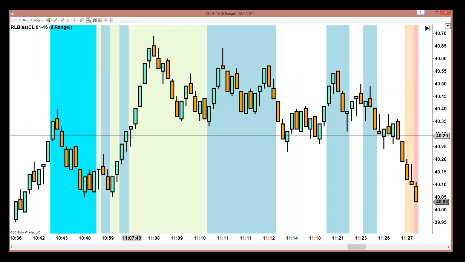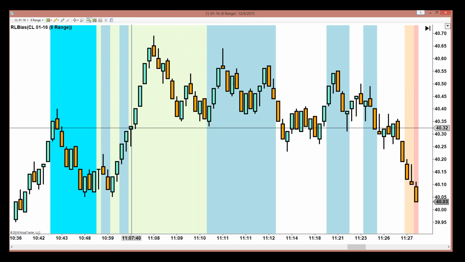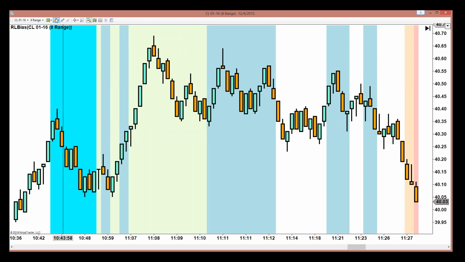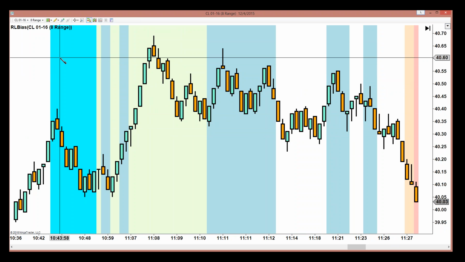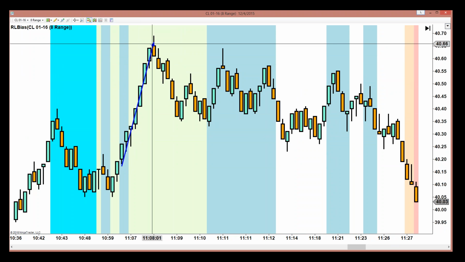Green is our strongest up color. And remember that the green background here is not affected by price on the chart. The green is predicting that the price is going to rise. And it does.